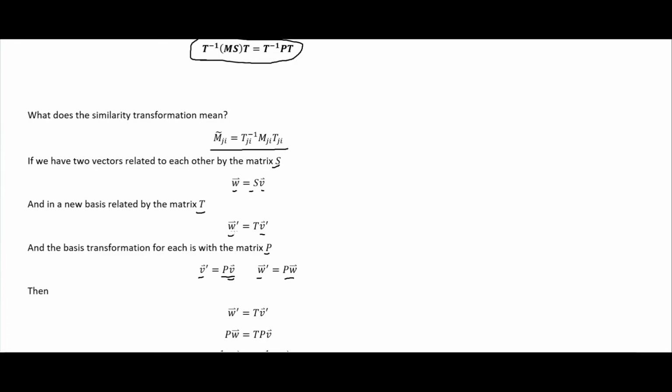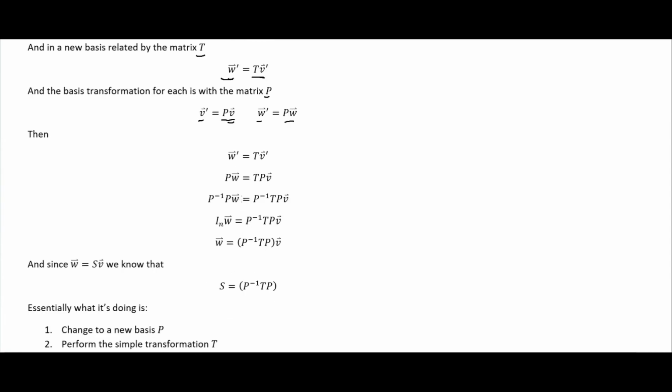And so we know that we have W prime equals T V prime, and then we can just use the P on our W, because that is the same as the W prime over here.